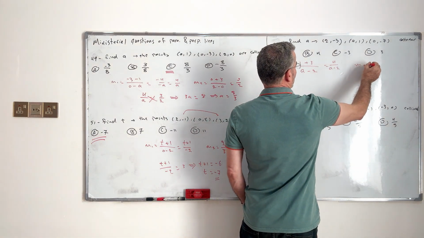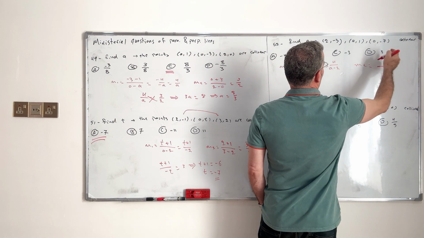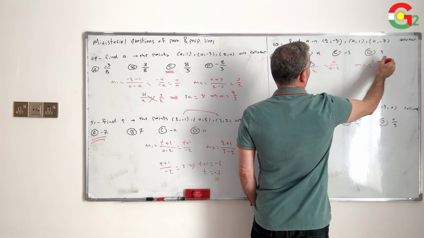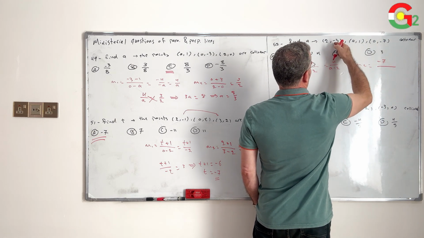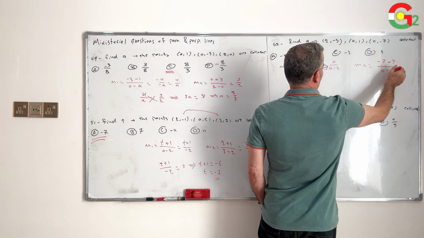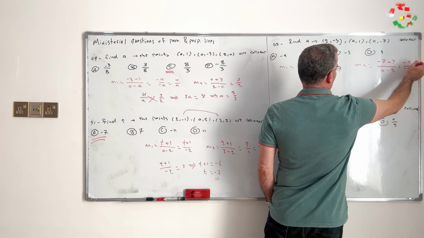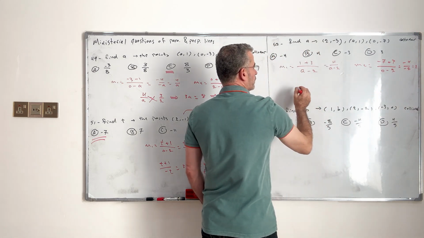The slope of the first and third points: -2 minus -3... it's plus 3, over 0 minus 2, it's -2. Then it is -4 over -2 equal to 2.